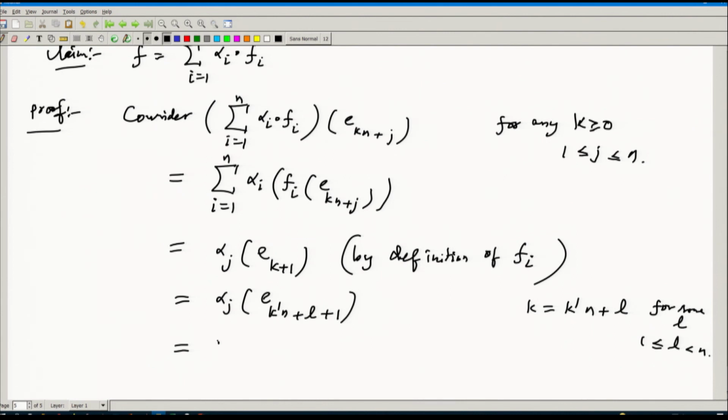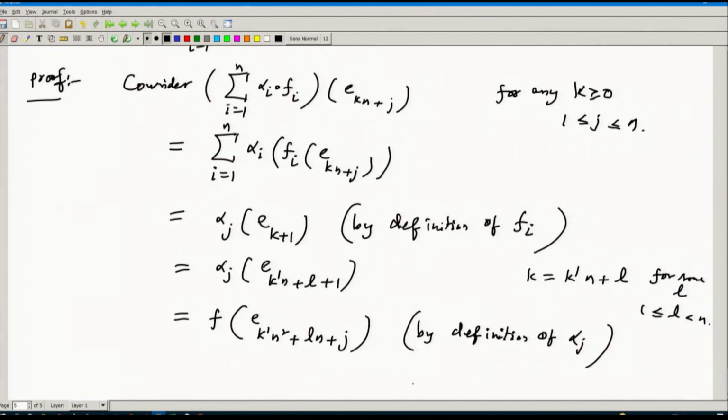Then this is precisely f of e_{k'n²+Ln+j}, by definition of alpha_j as defined above.